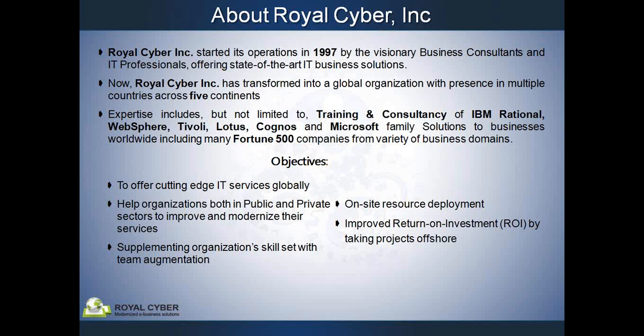Since the company's inception in 1997, we have developed as a leader in providing training and consultancy of IBM Rational, WebSphere, Tivoli, Lotus, Cognos, and Microsoft family solutions to businesses worldwide. And our client base includes many Fortune 500 companies as well.